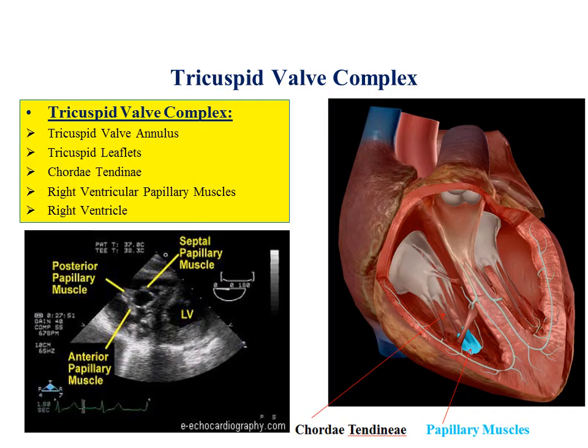There is something called the tricuspid valve complex, and this complex is composed of several parts, so as to have a complete picture about how the valve functions and is fixed in position, doing its function in a fairly rhythmic, regular way.